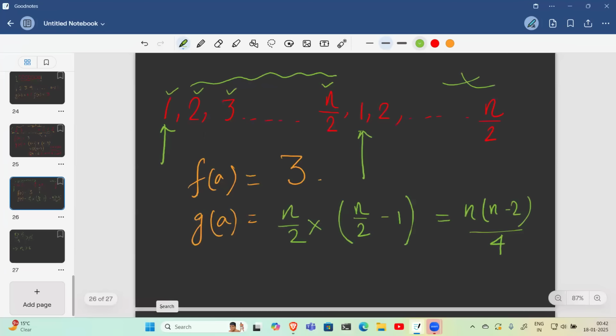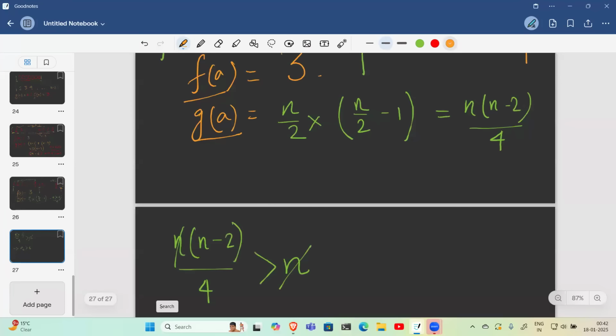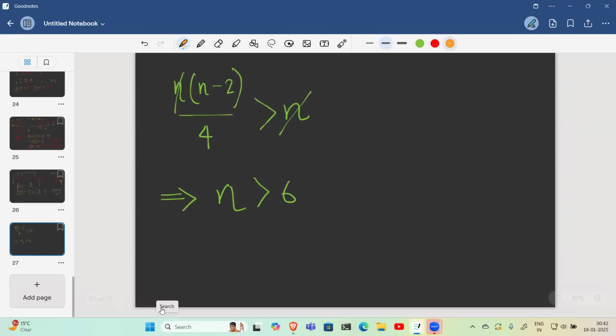Actually, we have taken this for even elements for now. If you have an odd number of elements, you can put one more extra element here, and that would not count anywhere toward the value of f of a and g of a. So even for n equal to 7, this will give a problem.